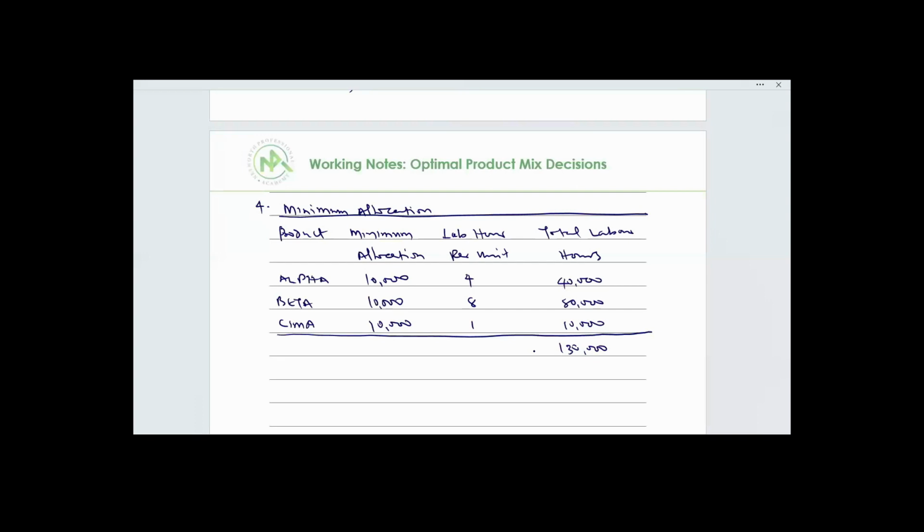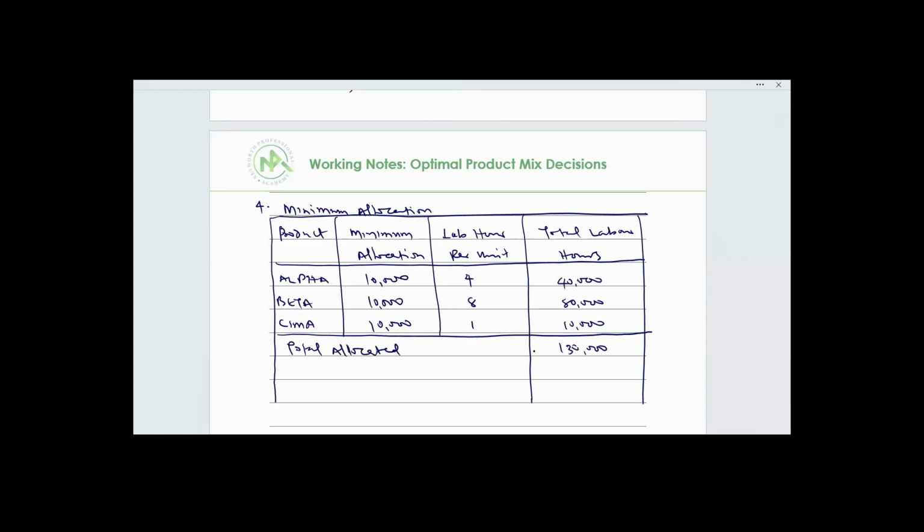So out of 228,000 hours available, we have given out 130,000 hours. The balance is what will be redistributed based on the ranking. So total available labor hours, 228,000, less total allocated labor hours.